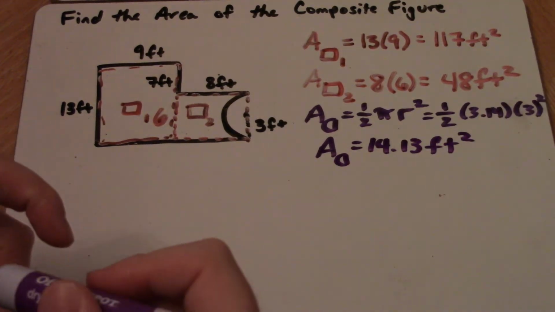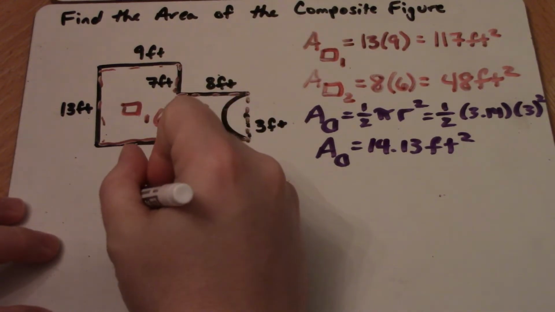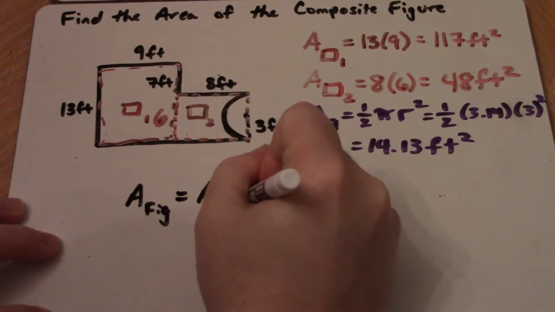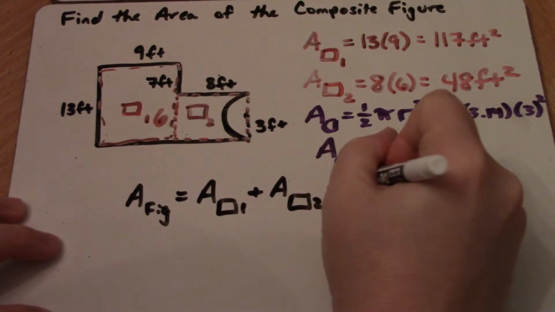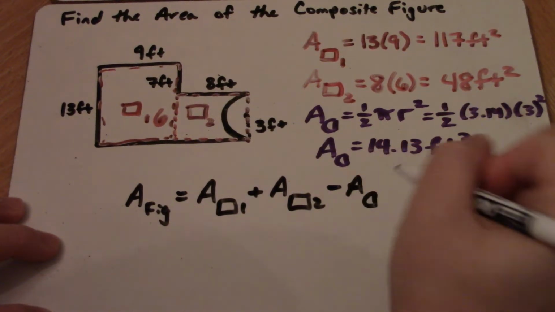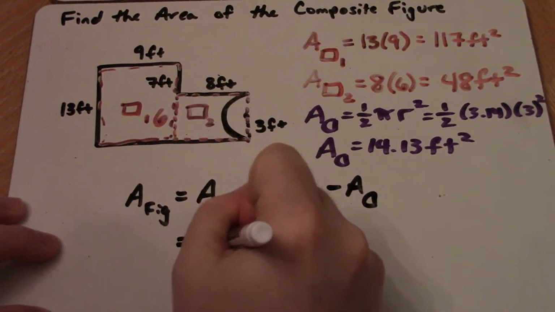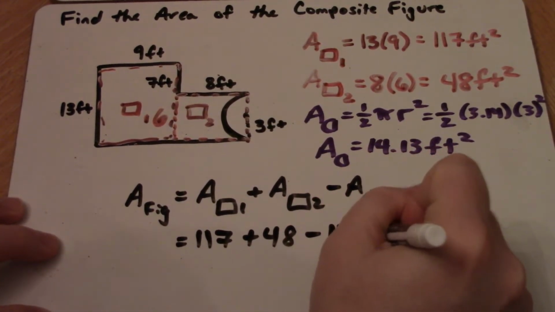So what we're going to do to find the area here is we're going to add the two rectangles together, and then we are going to subtract the area of the semicircle. So that would be 117 plus 48 minus 14.13.